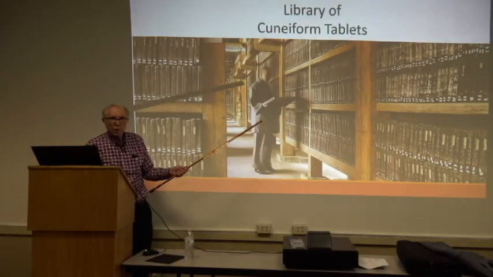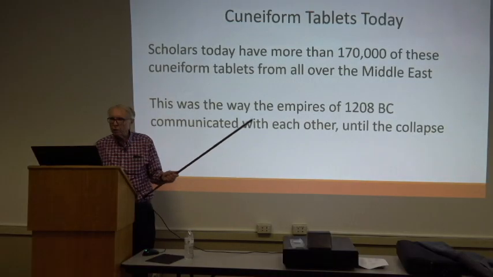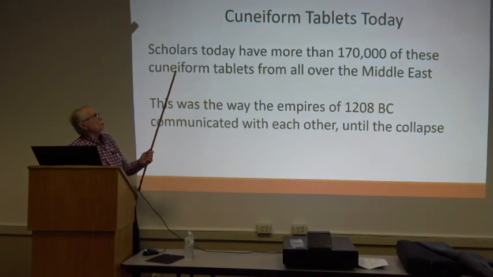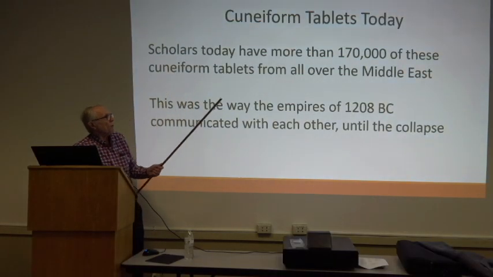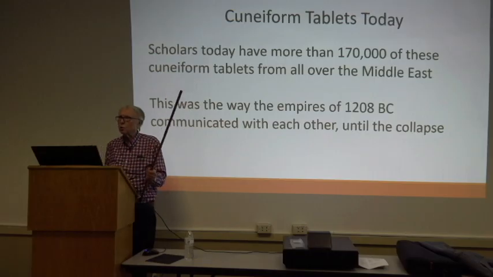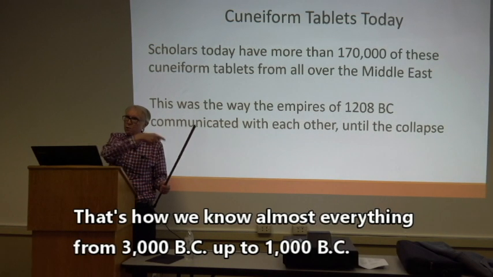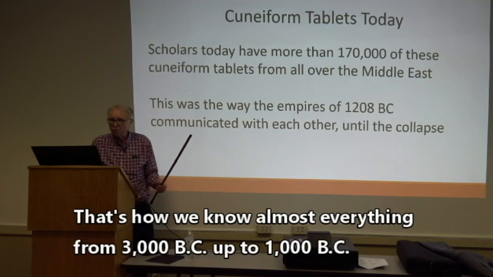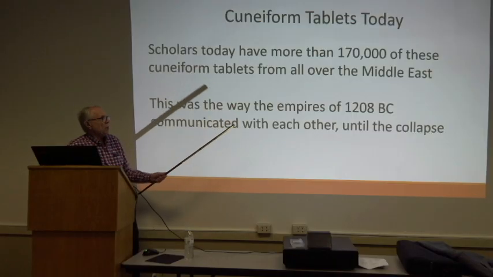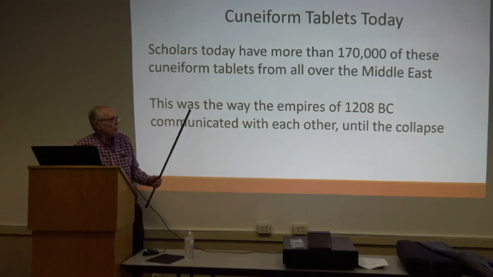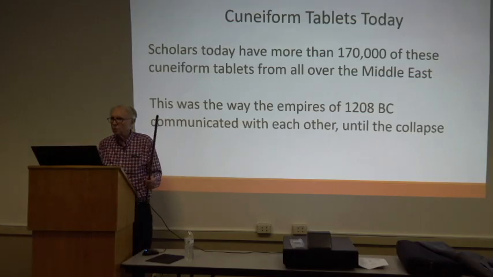That's a library of them, a scholarly library. Today we have more than 170,000 of these cuneiform tablets from all over the Middle East. That's how we know almost everything from 3000 BC up to 1000, because that's the way the empires of 1208 communicated with each other until the collapse.